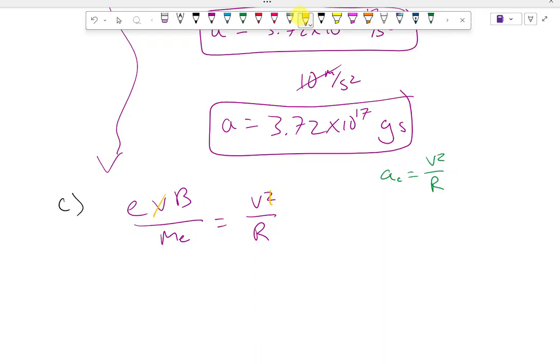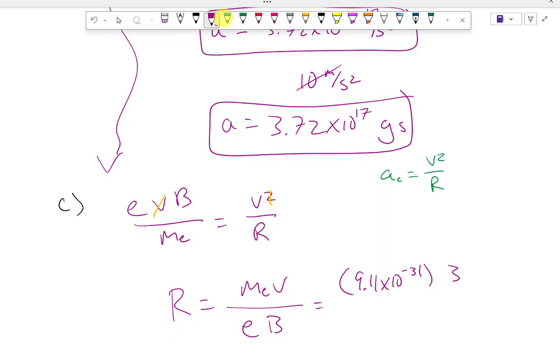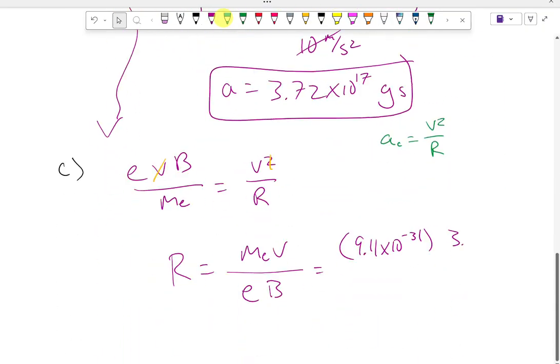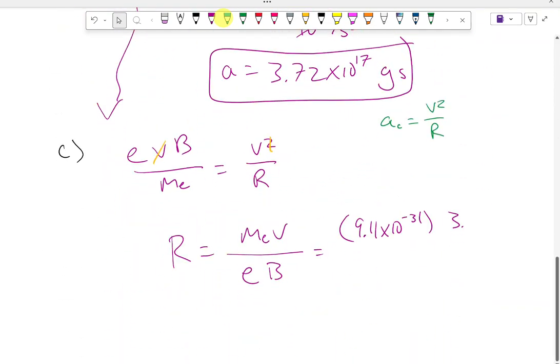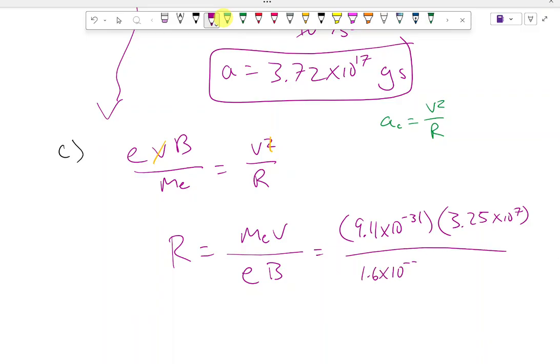The speed cancels out, and we can isolate r. I think I had you do this in class, but regardless, we'll do this. So r is the mass of the electron times v, which, interestingly enough, is the momentum, divided by the elementary charge times the magnetic field. Plugging all this in: 9.11 times 10 to the negative 31 kilograms, the speed is 3.25 times 10 to the 7, divided by the elementary charge, 1.6 times 10 to the negative 19, and then the magnetic field is 0.65.